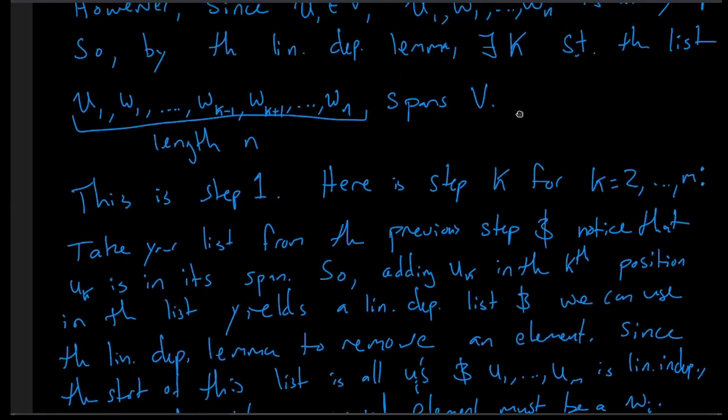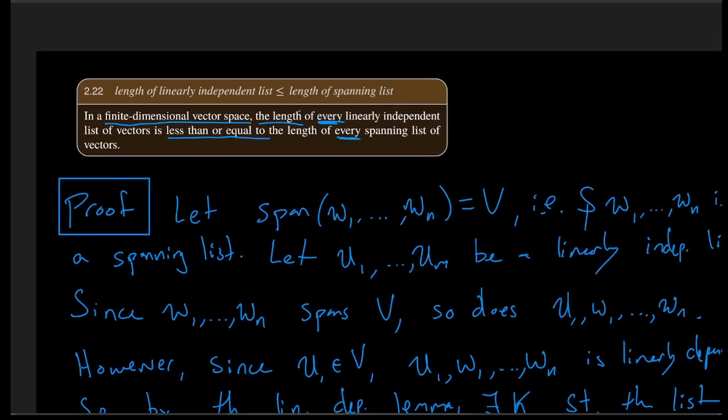That is what we wanted to show. We wanted to show that the length of every linearly independent list of vectors is less than or equal to the length of every spanning list of vectors. That is, the length of every spanning list can be at the very lowest the length of a linearly independent list. Nice.